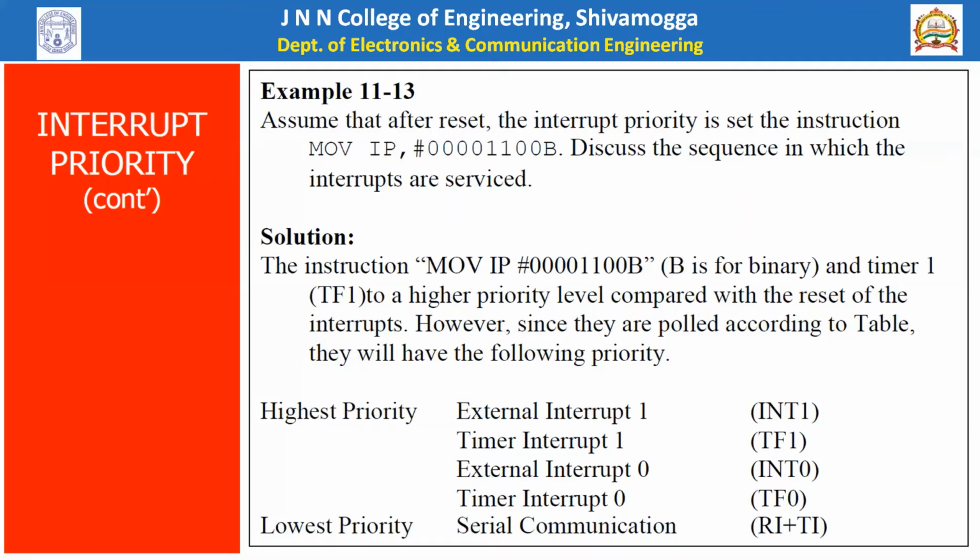You can just see that in the IP register, you are making 2 interrupts high priority. Among those 2, the highest priority is INT1, external interrupt 1. Then timer interrupt 1. Then interrupt 0. Then timer interrupt 0.